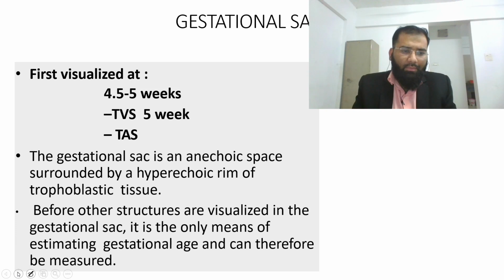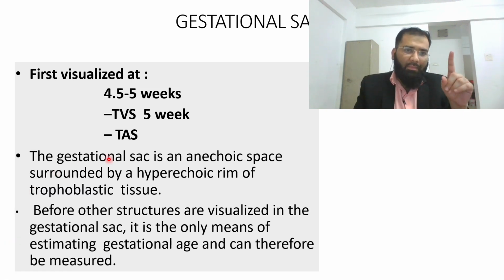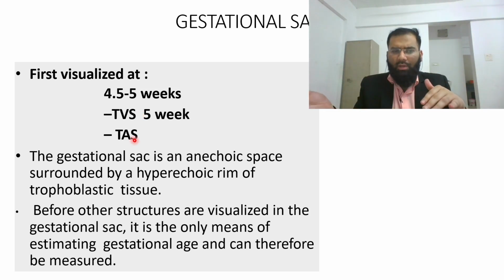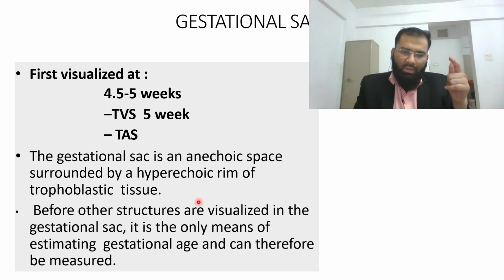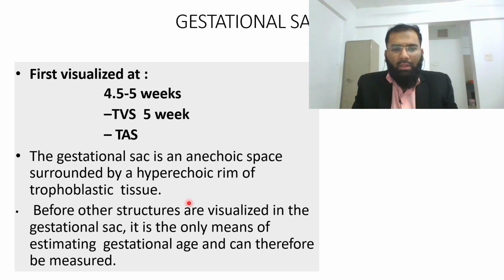Now, again, a very important sign of pregnancy is the G-sac. It is first visualized around 4.5 to 5 weeks by transvaginal scan. At least by 5 weeks you are able to see the G-sac. By transabdominal scan, it takes plus 1 week. The G-sac is an anechoic space, as we already saw, surrounded by trophoblastic tissue.